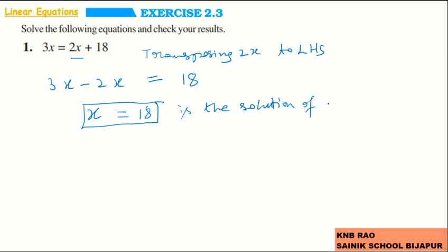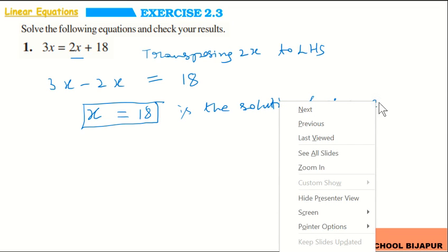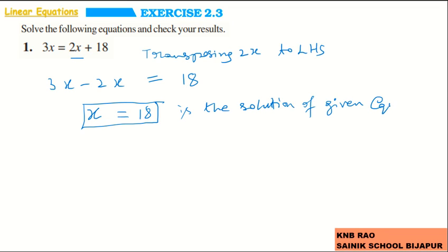Students, now what do you mean by checking? They are asking not only to solve, but also to check. What do you mean by checking? Now let us see.